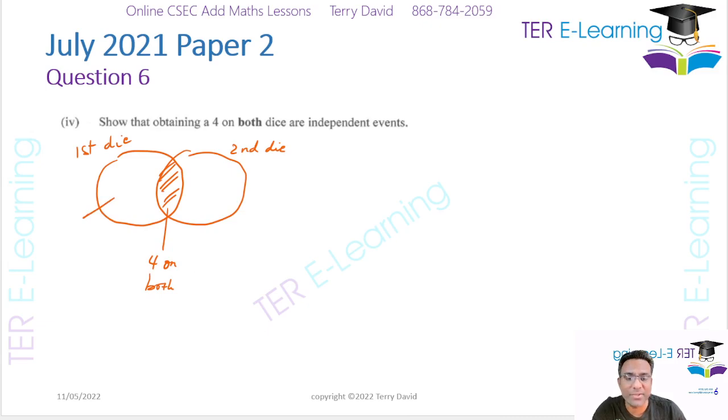So this here represents a 4 on die 1, and this here represents a 4 on die 2. Now, let's call the events: let's call event A getting a 4 on die 1.